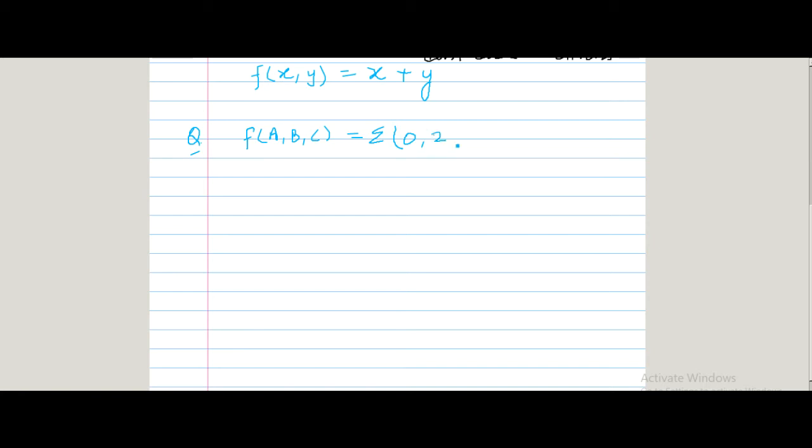So they have given it like that. And the don't care conditions are given like plus d. Let us represent these don't care conditions in black. So d is 1, 3, 5.